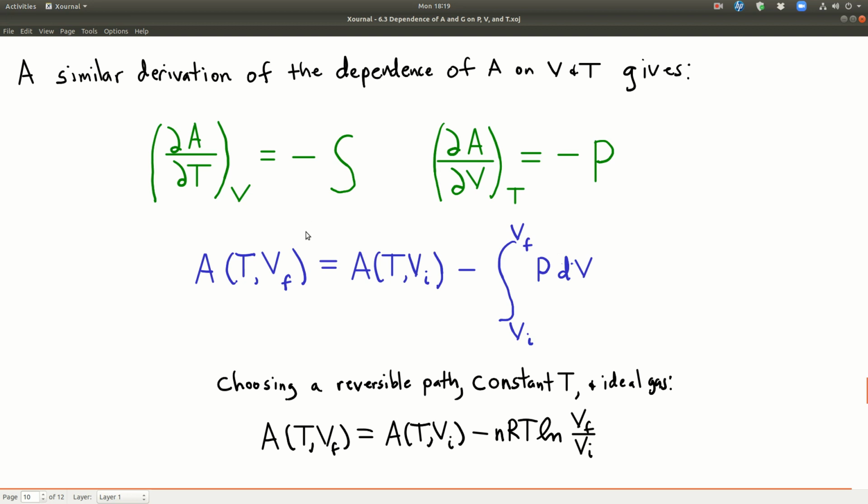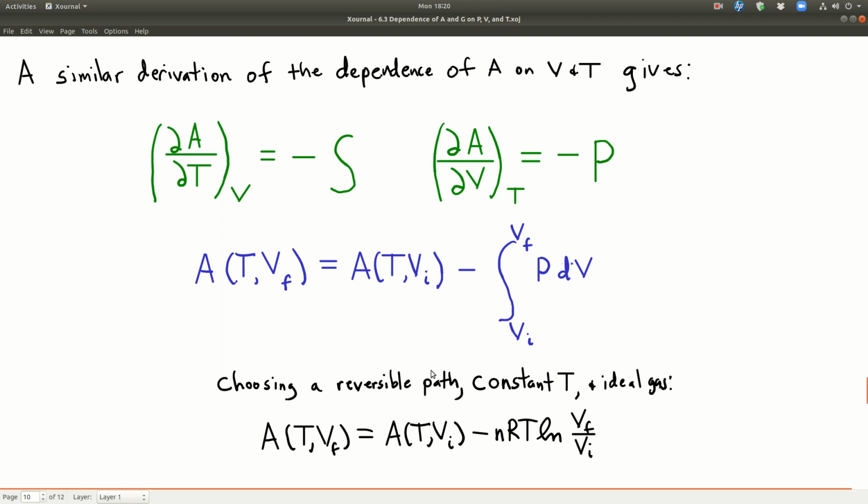This is the dependence of G on pressure and temperature. We can do the same thing for Helmholtz energy, its dependence on volume and temperature. You do the same sort of analysis. You get partial A, partial T, constant V equals negative S. Partial A, partial V, constant T equals negative P. Likewise, A at the final volume equals A at the initial volume minus the integral from V initial to V final of PdV.